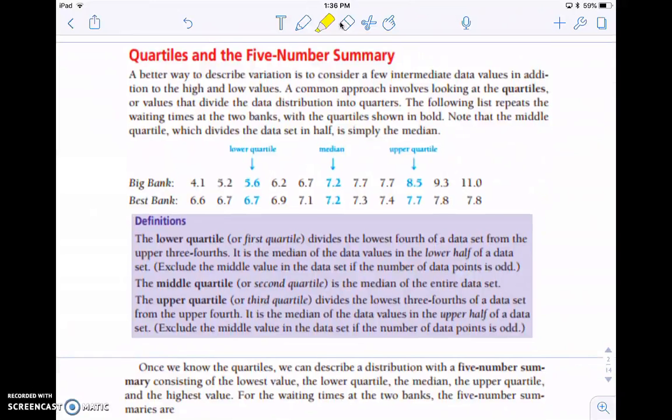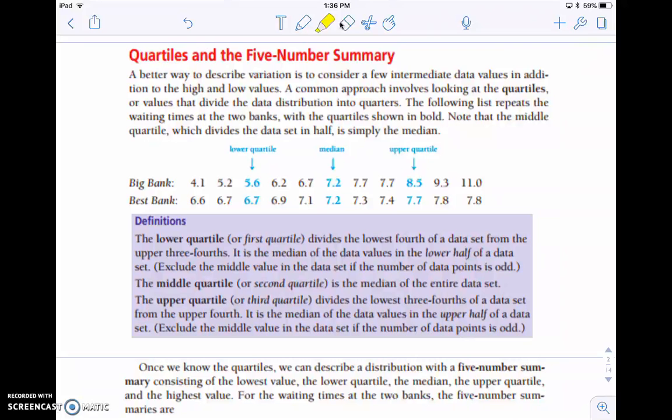Then what we can do is take that range and incorporate it into our median, and then we're also going to go not just to the median but to quartiles, and this is what's called the 5-number summary, and this helps us see how spread out our data is.